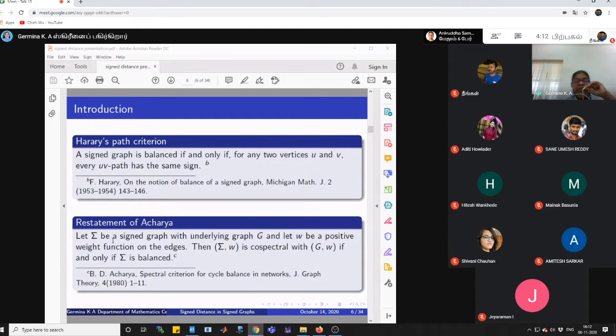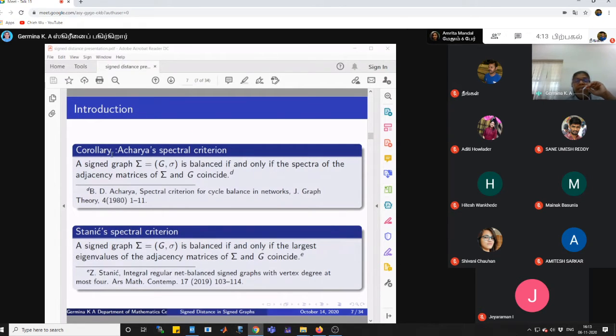If the signed network is balanced, then you simply consider the underlying graph G, and the spectrum should coincide. This has opened a gateway to algebraic results in balance theory.